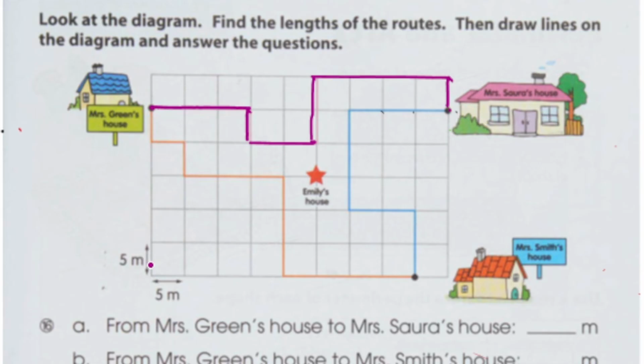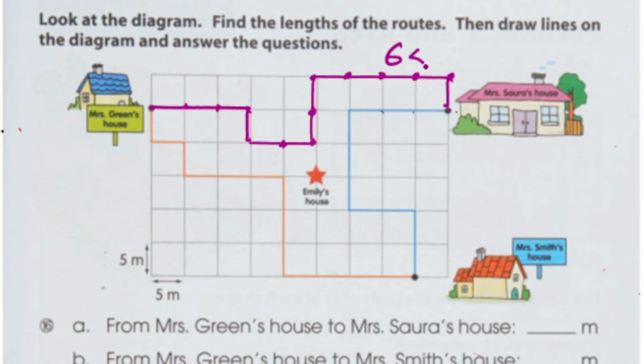And the scale is 5 meter for the length of each square. That means the length of this route will be 5, 10, 15, 20, 25, 30, 35, 40, 45, 50, 55, 60, 65.